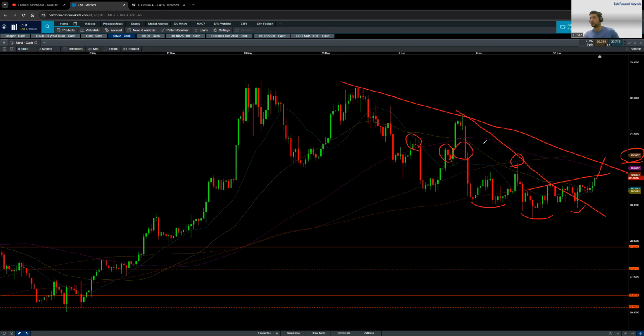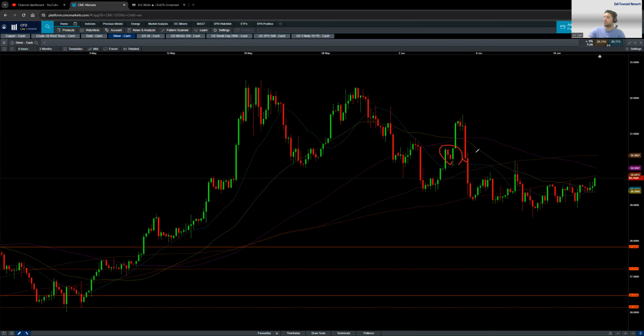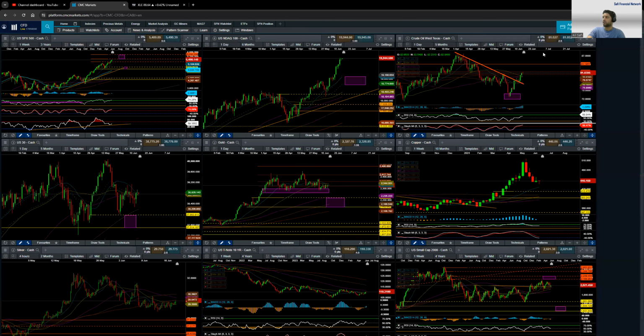Sorry, supply area. So $30.50. If silver goes above this, a pullback is a great buying opportunity. Everyone needs to keep an eye on this supply area, $30.50.